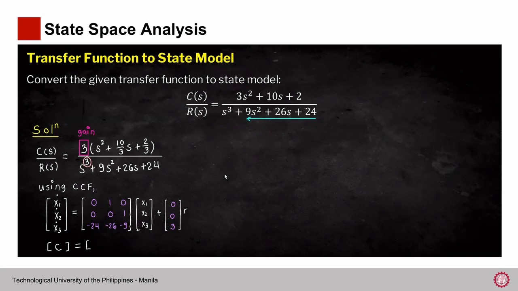So there's a big difference between how you write differential equation and how you write the state model ng transfer function. Okay, by the way, the feed forward matrix is still 0. Okay, ng transfer function. So this is still 0.